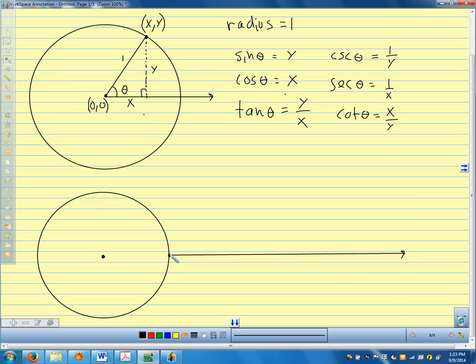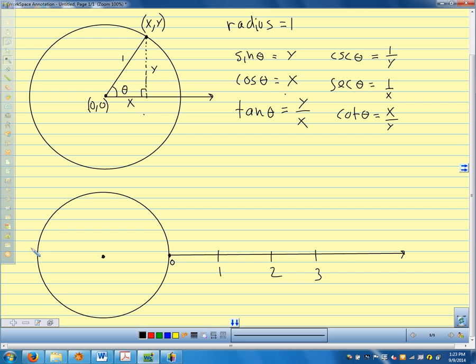So this point on the number line is 0 on my number line. I'm just sticking a positive number line on this unit circle. So I have 1, 2, 3, and then we're going to take this number line and wrap it around the circle like it's made of flexible string. So each of these numbers on the number line hits a point on the circle.